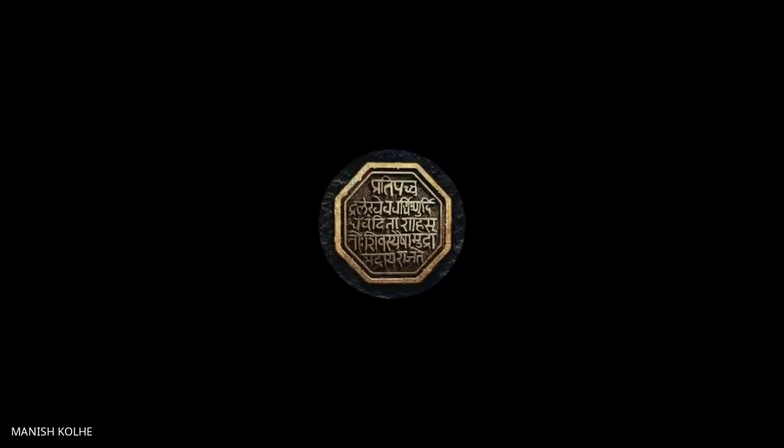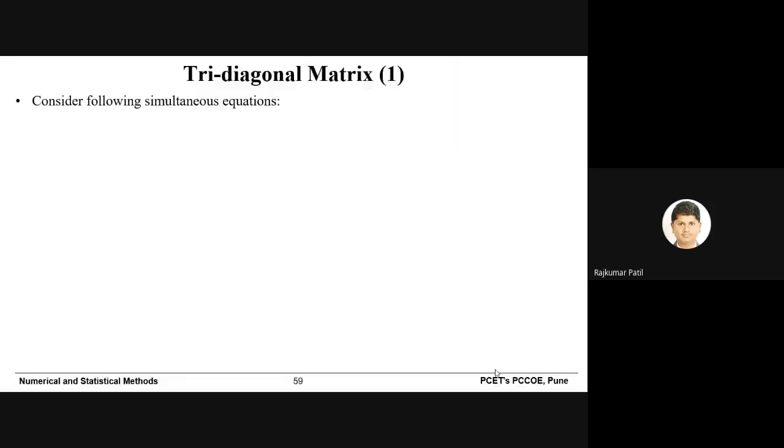Sir, like an equivalent form in a tridiagonal matrix, we just have to make the elements one by one 0 by row operations.